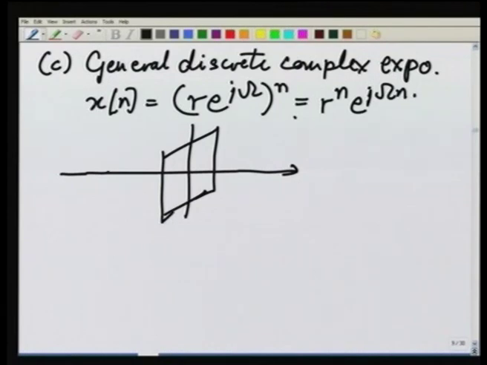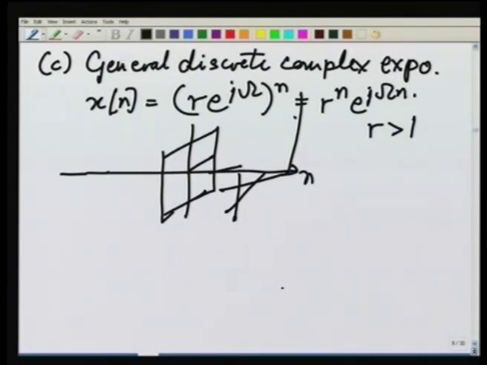Let us consider the case where r is greater than 1. That means r is positive and also has a magnitude greater than unity. So, it would be a rightward expanding ellipse. This is n and you have a helix here, a point there, then something that is going down there, something that is even longer here, even longer here, still longer there.